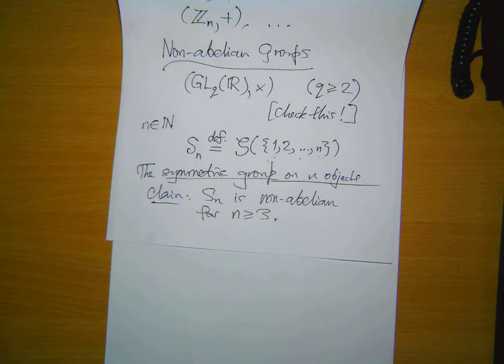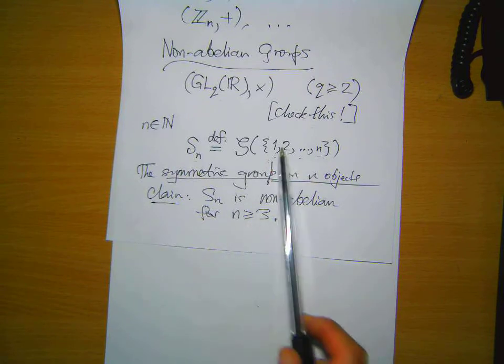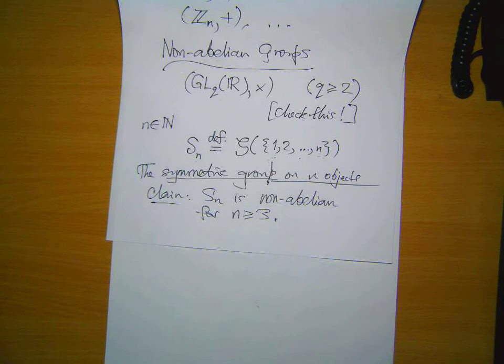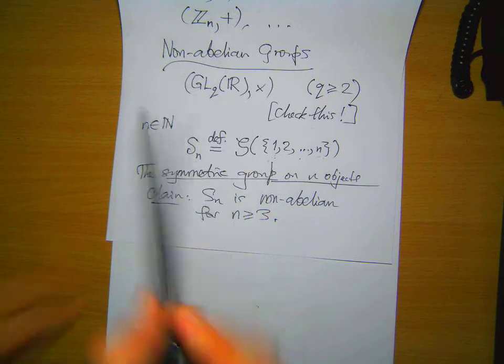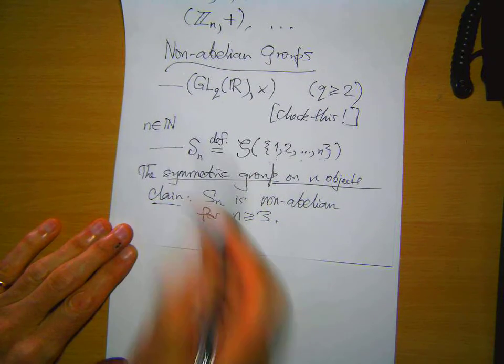So the claim is that as soon as n is bigger than or equal to 3, you've got 3 or more objects, this is going to be a non-abelian group. In fact, for n equals 1 and n equals 2, it is abelian. So these are very important non-abelian groups: the general linear group and the symmetric group.